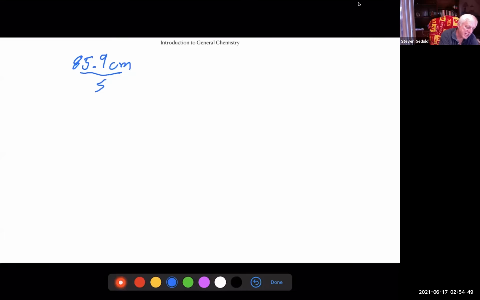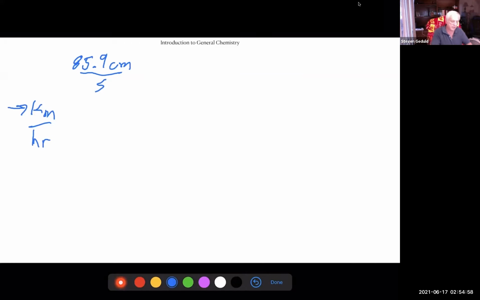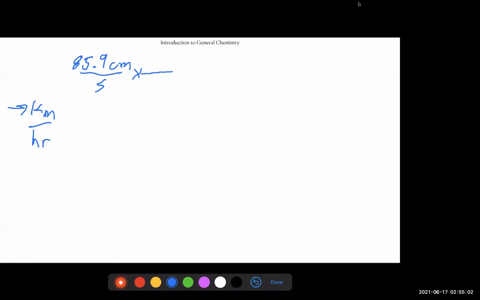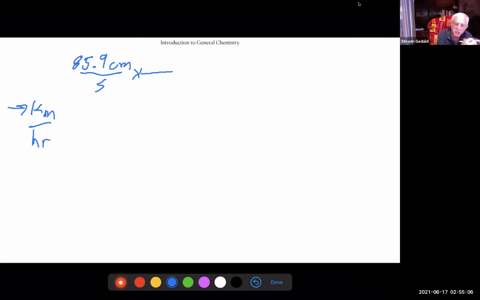So you want to change that into kilometers per hour. So 85.9 centimeters per second. We have to convert the top number, centimeters to kilometers, and the bottom number, seconds, to hours. So let's do the top one first. What number has to go on the bottom here? It has to be centimeters, right?